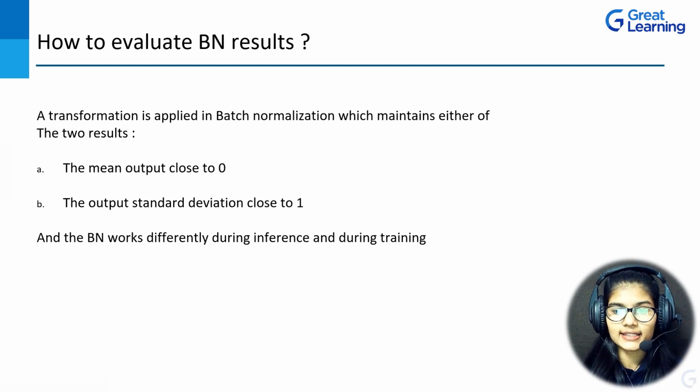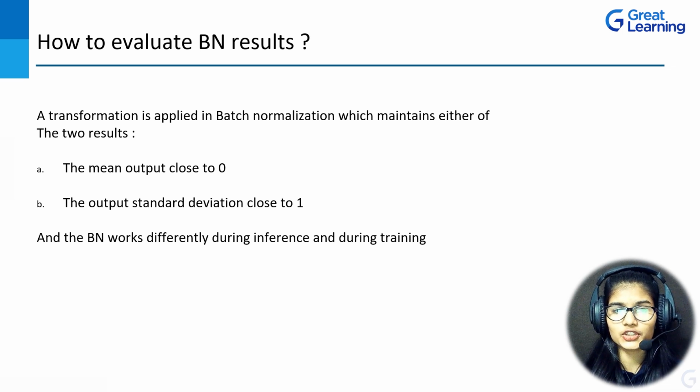Right here, when we learned how BN works, we learned about the mean of the mini batch. The mini batch was a subset of the complete training data. Remember I told you that.